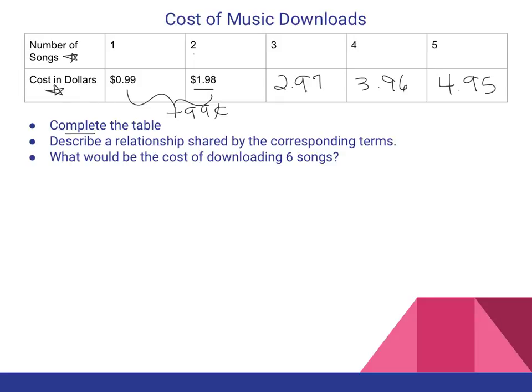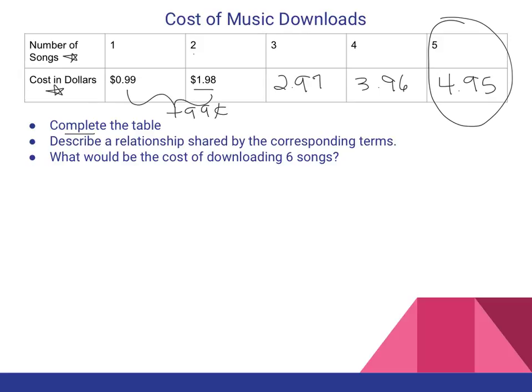The next thing says, describe a relationship shared by the corresponding terms. Remember, corresponding means the value that is in the same term, both top and bottom. So I know that for each of these numbers of songs, it costs 99 cents. So the amount of songs times 99 cents would give us the cost in dollars.